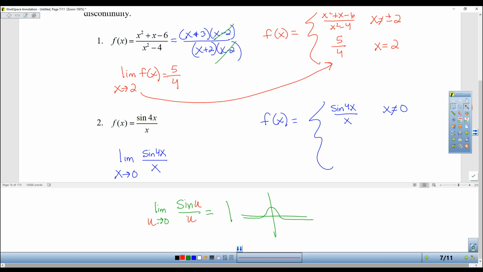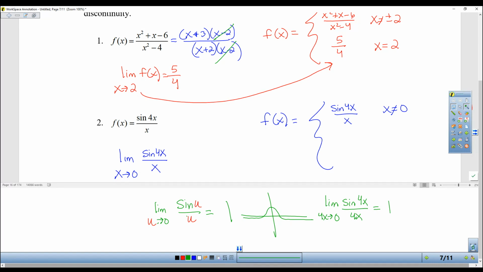It could be 4x. So the limit of sine of 4x over 4x as 4x goes to 0 is going to be equal to 1.